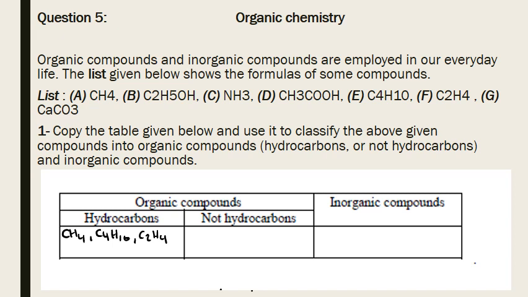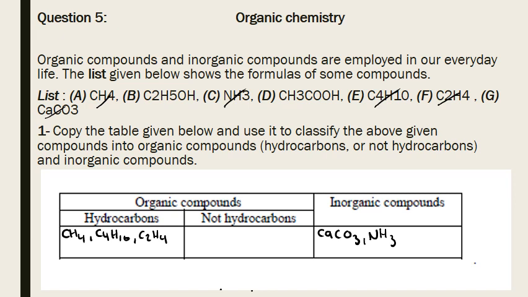Non-hydrocarbons, so that's mainly, let's do the organic and inorganic compounds to rule out. So we've done CH4, we've done C4H10, and we've done C2H4. Inorganics, remember we said that carbonates, so CaCO3 is an inorganic compound, and ammonia, NH3, is an inorganic compound.